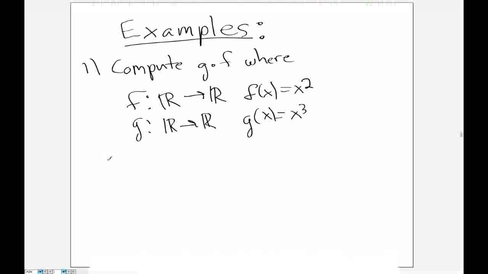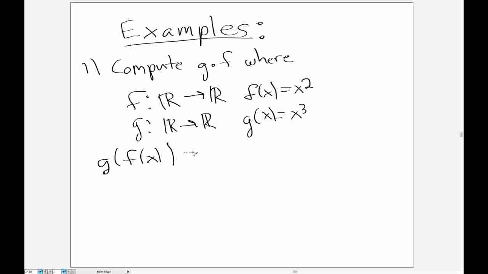So then the function g of f of x will equal g of x squared, which would equal x squared cubed, which we all know equals x to the 6.